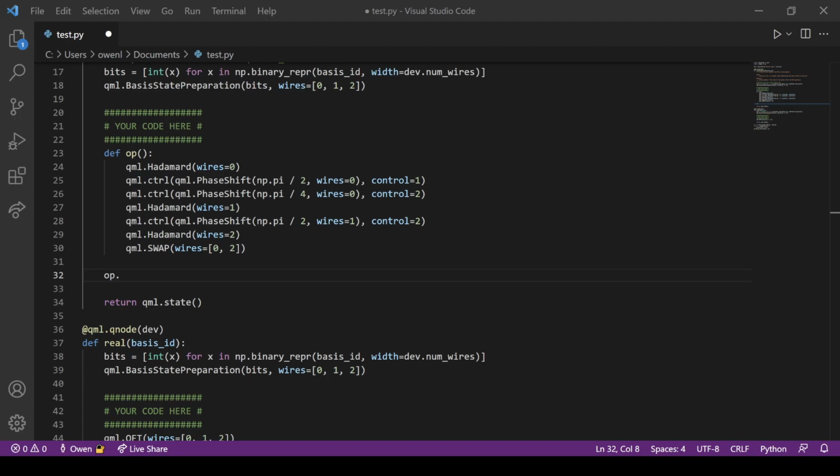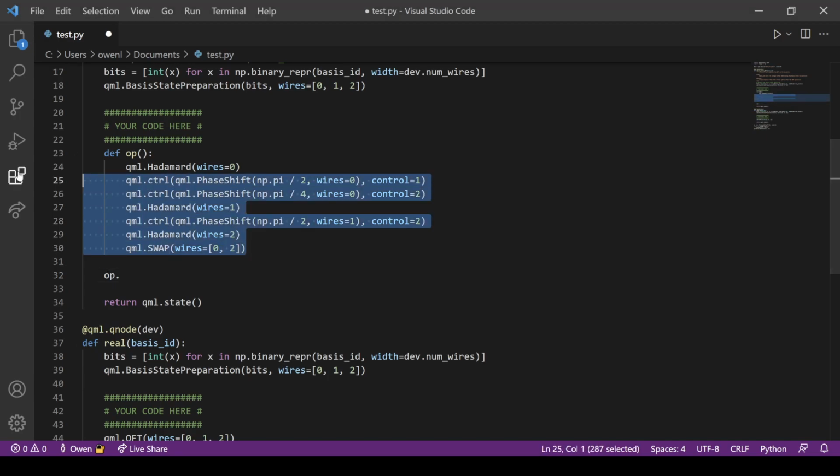Oh, no, you can't do that? Oh, I thought there was a way to do that. That's very sad. There's no way that you can get the unitary from this code.